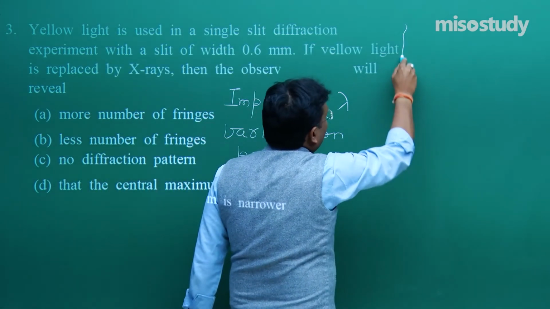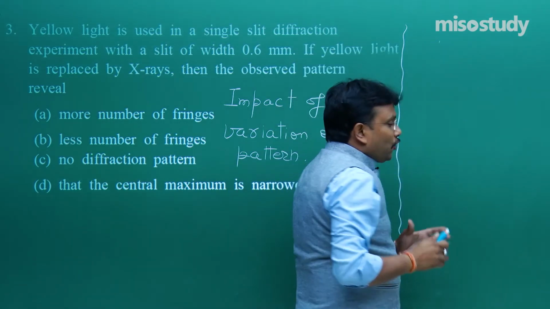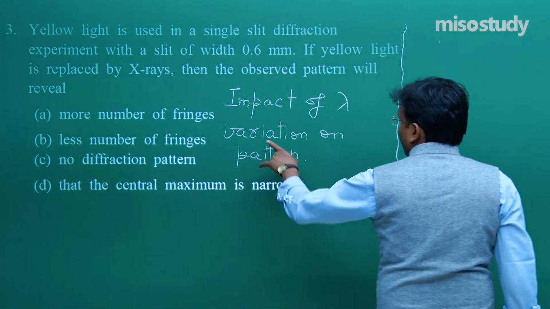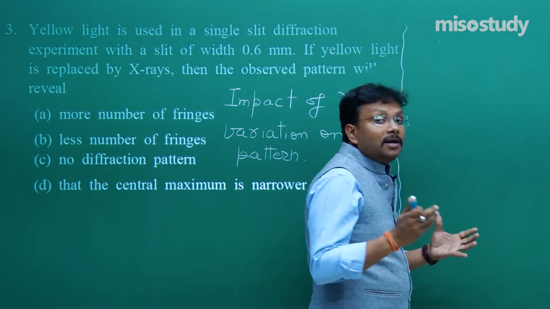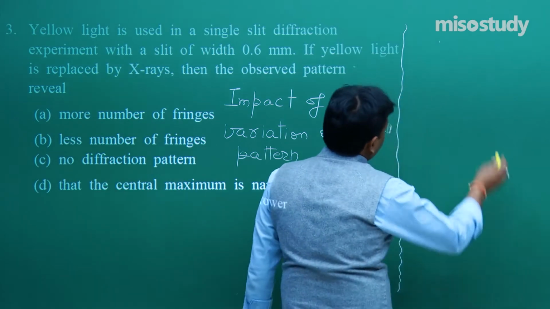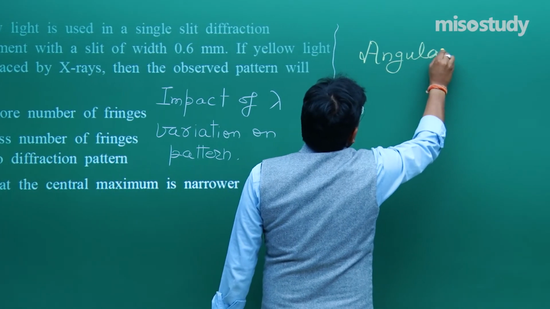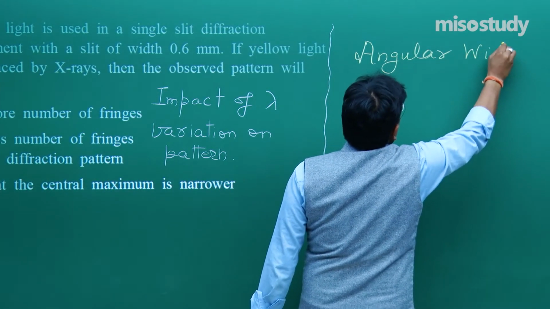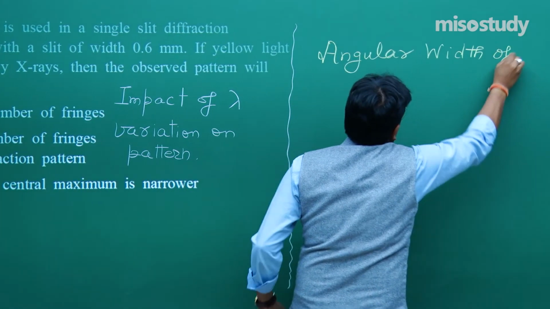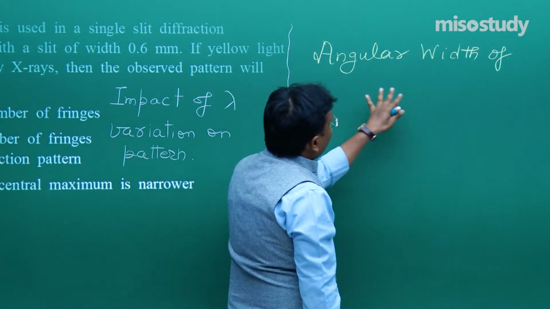Now as usual, which parameter are we going to use to understand this pattern variation? Ultimately we need some mathematical formula. So here, angular width of central maxima, because in a diffraction pattern, as I told you, the central maxima is important.